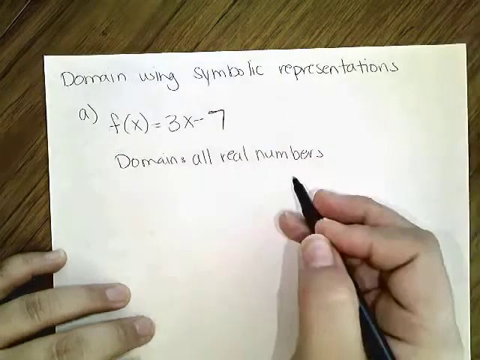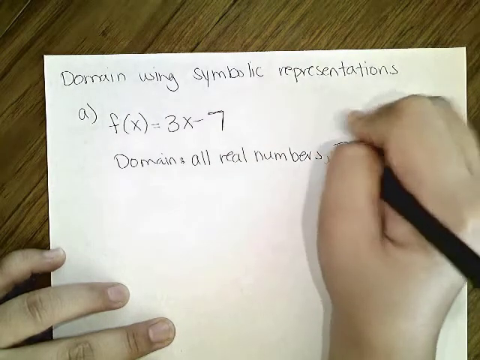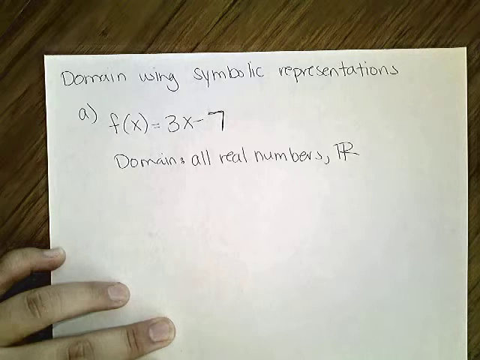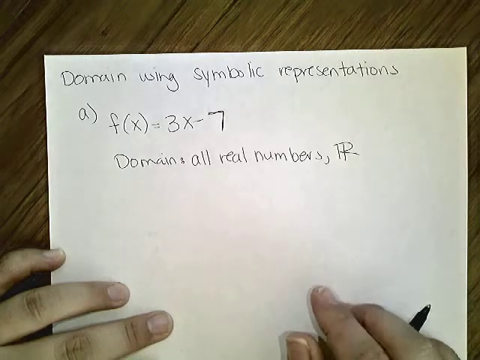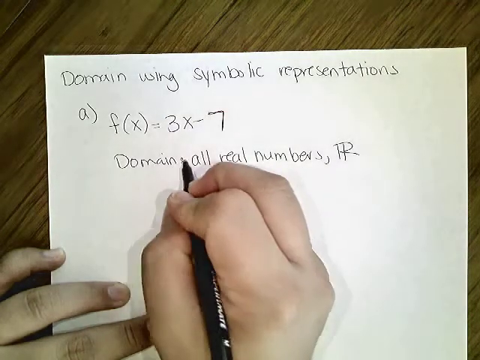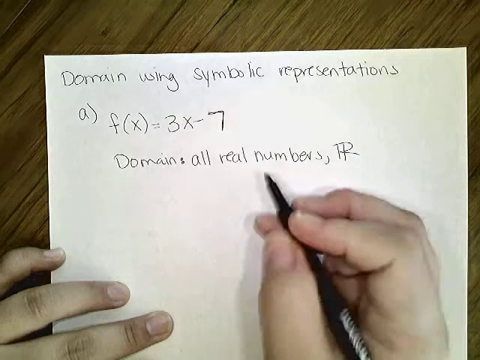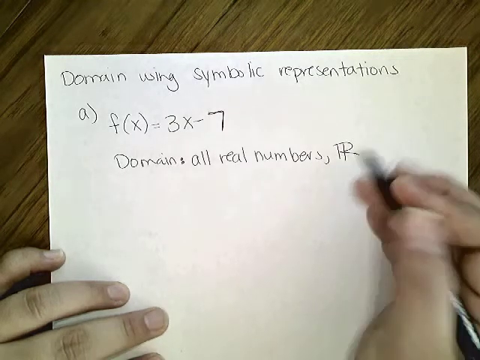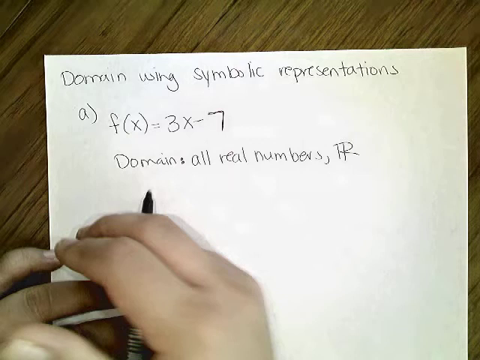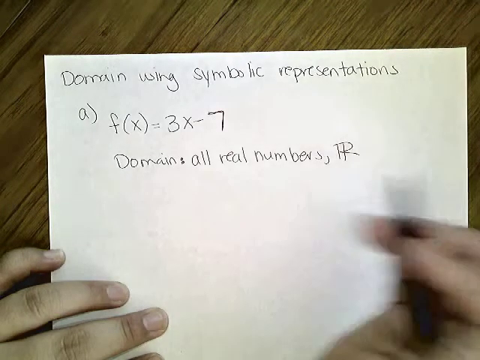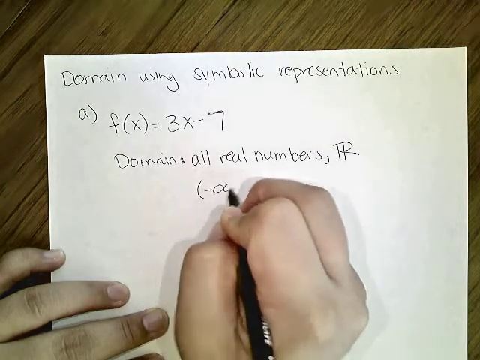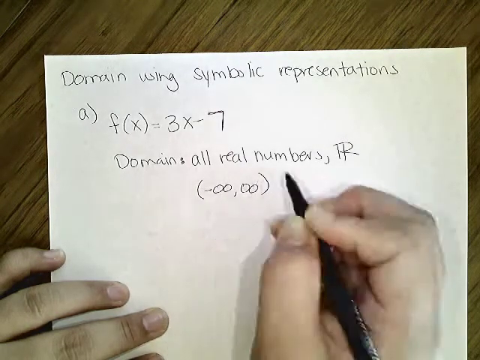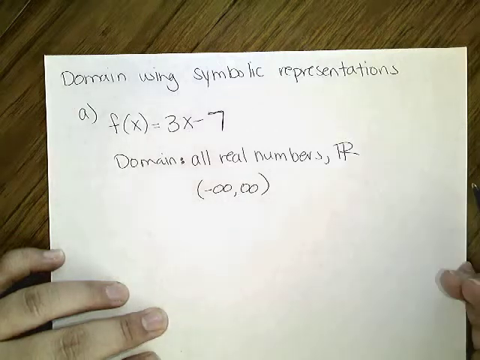We can use the symbol for that, and the symbol is like this fancy R. Or we can use something called interval notation, which I'm going to discuss more at length later. But your interval notation for all real numbers is basically telling you your lower boundary negative infinity to your higher boundary positive infinity. So that would be negative infinity to positive infinity. And the infinity signs are like sideways 8s.